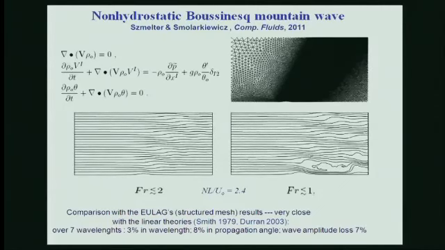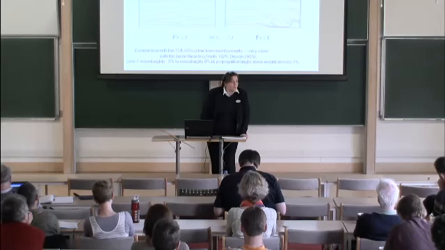So how did we validate this? First of all, we have used the meshes in such a way that you can see here the mesh which is being refined behind the hill and in the vicinity of the hill. So the resolution of this mesh is the same as would be for the corresponding Cartesian mesh.